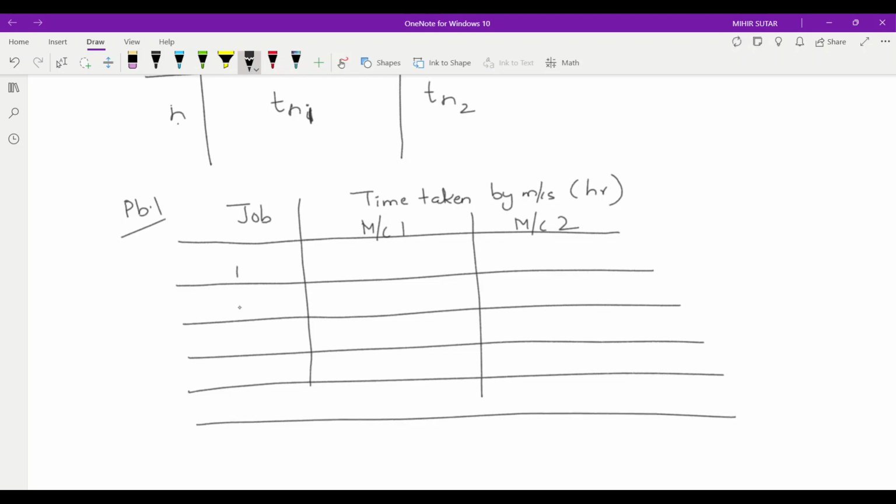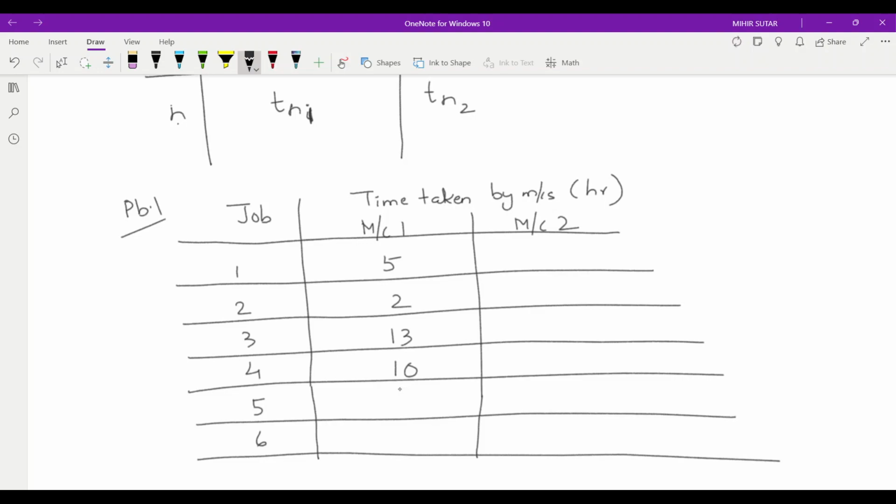Let's say there are six jobs: one, two, three, four, five, six. Time taken by machine one, let's say, is 5, 2, 13, 10, 8, 12. Here, for machine two, it is 2, 4, 3, 14, 1.